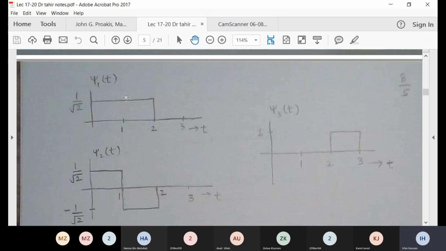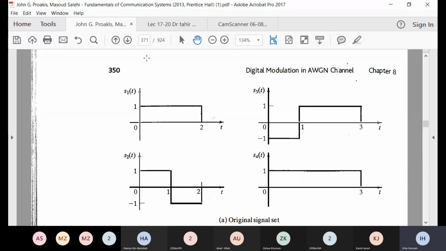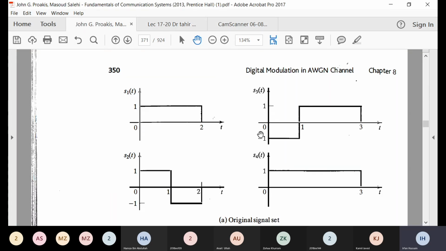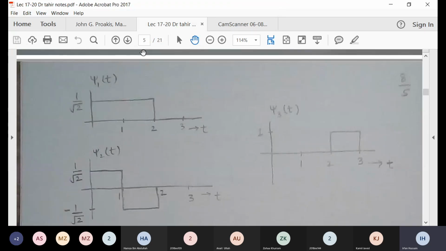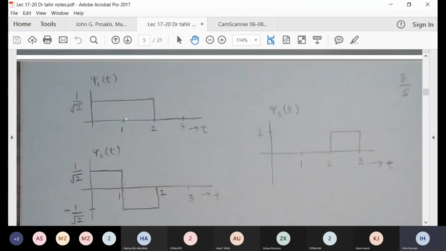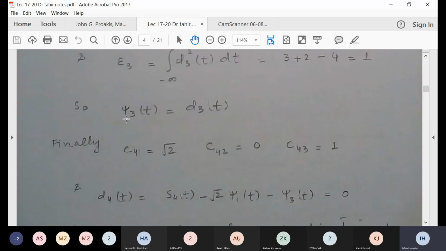If I take the multiplication of psi1 onto S3, you could very well see it comes out to be minus, and then plus, minus 1 over 2 into minus 1, this will become plus, and then 1 over under 2 times 1, this will also become 1 over under root 2. So both will be added, 1 over under root 2 plus 1 over under root 2.